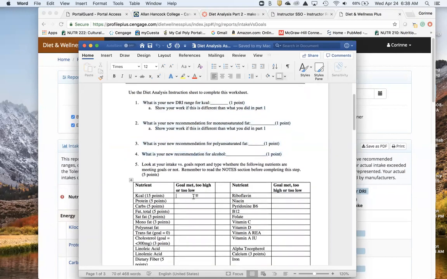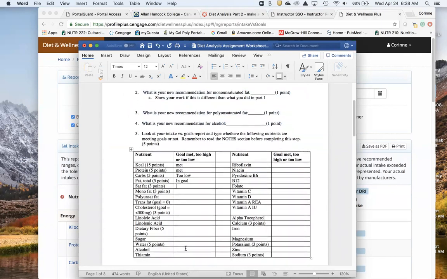And here, you're going to write if you've met your goal, if it's too high or too low. So if I didn't change anything about my diet, I could say that I met my calories, I met my protein, my carbs were too low, my fat I think was in goal, I can't remember, etc. So you're going to go through this and look.